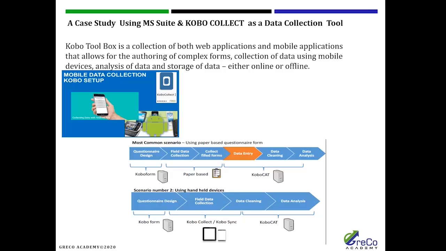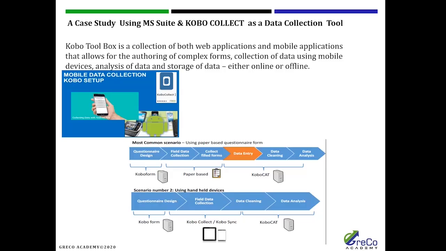So even in a situation where the collection tool, maybe the Android phone, gets missing, the information is already in the office. So Kobo Collect is such an important collection tool, which is used to design your form using an online form builder.